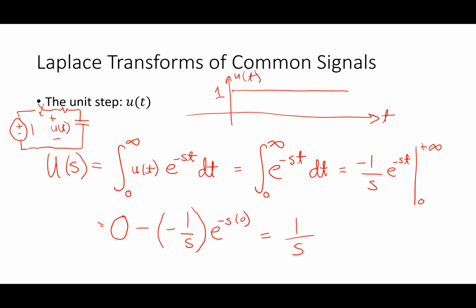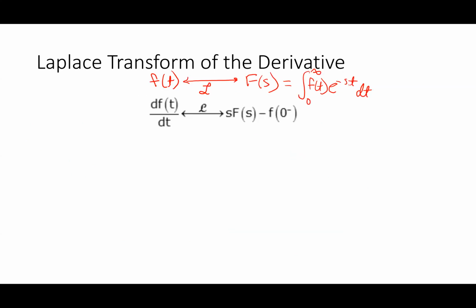I don't like getting too lost in derivations, but there are some derivations that are important, so I want to make sure that we understand them. This was the key result that you had in differential equations. If f of t has a Laplace transform F of s, what's the Laplace transform of the derivative, df by dt times e to the negative st dt?